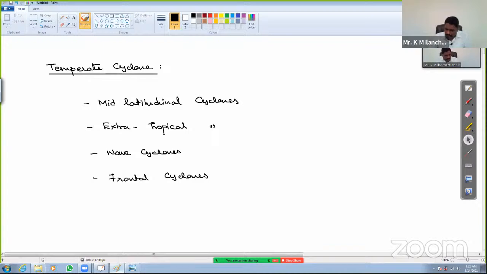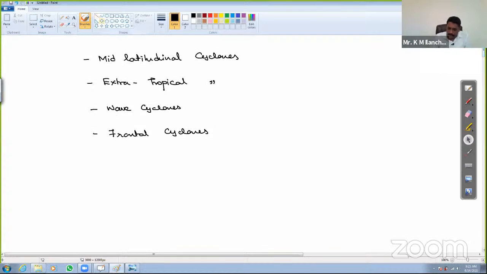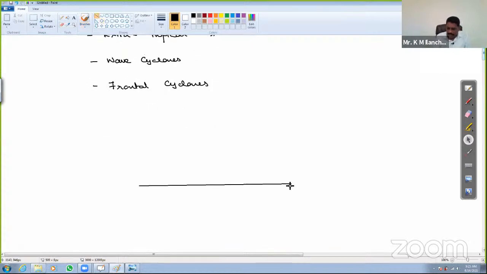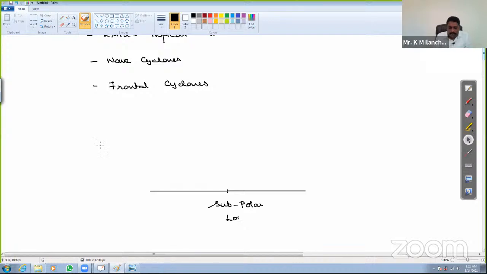See the beauty, right? See what exactly is happening here. When I talk about temperate latitudes, that is the place. Say, for example, I'm just talking about the presence of subpolar low. I have a pressure system called a subpolar low. Correct? It's a low pressure system. We know that.